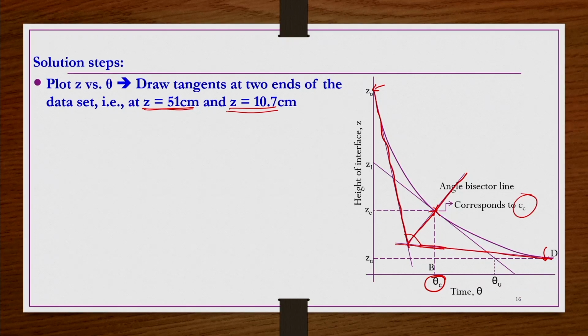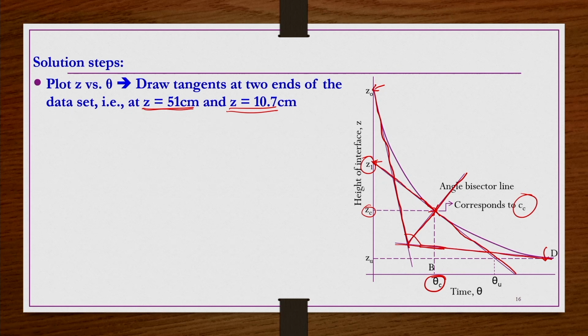The corresponding interface height is Zc. At theta equals theta c, you again draw a tangent, and this tangent at theta equals theta c intercepts the y axis at Z1.